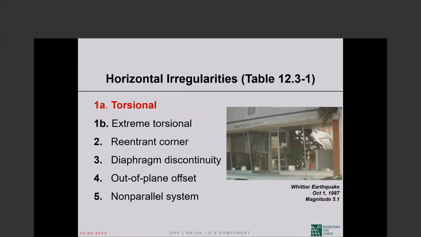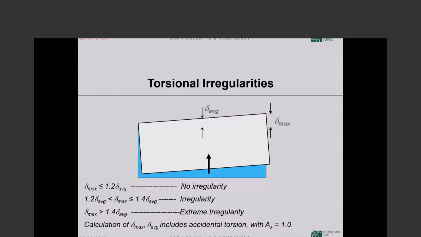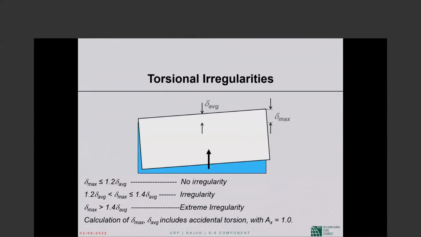Okay, so we will start with the very first, type 1A, torsional irregularity, and look at the definition and also what ASCE 7 requires us to do when we have torsional irregularity. So definition. This is the undeformed structure.